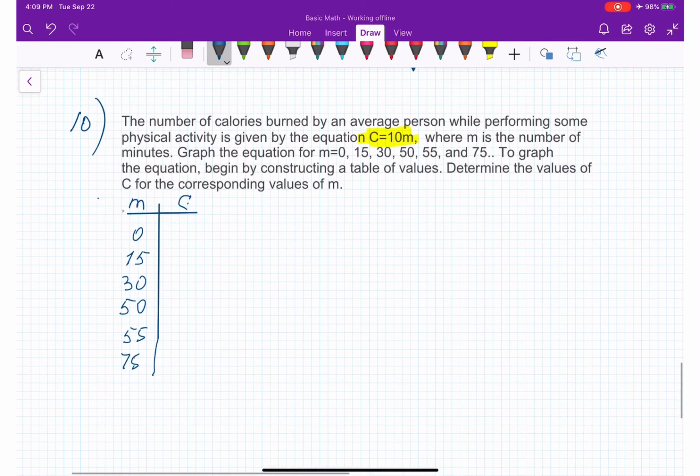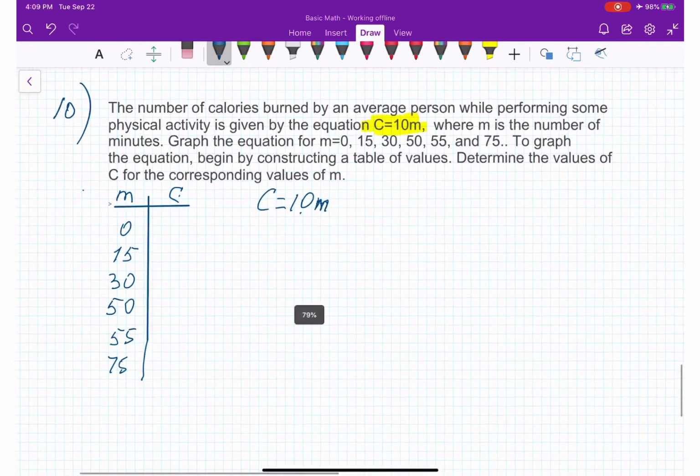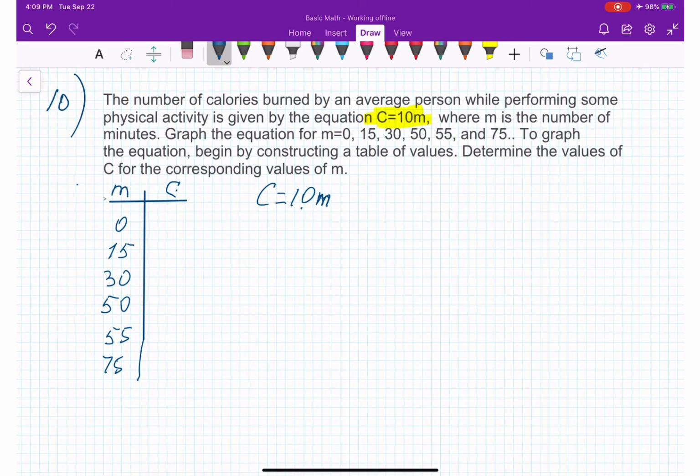Okay, so C is equal 10m. All right, when m is equal 0, we have 10 times 0, which is 0. When m is equal 15, we have 10 times 15, it's going to be 150.